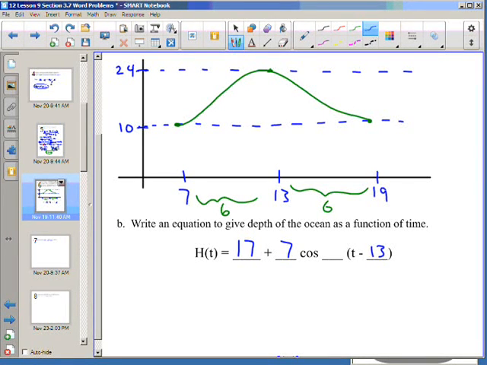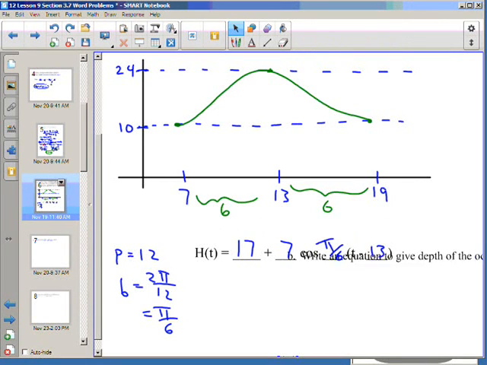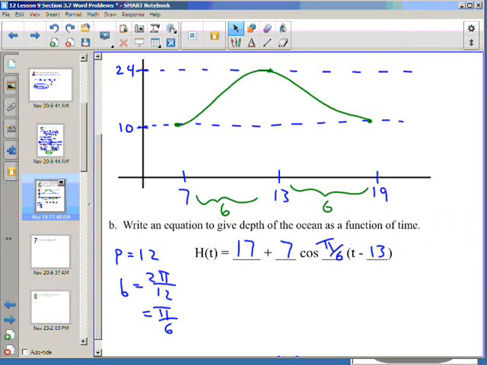And now we try to find our horizontal dilation factor. We know the period is a total of 12 hours, so B is going to equal 2 pi divided by 12, which is pi over 6. All right, and this is going to be a useful equation.